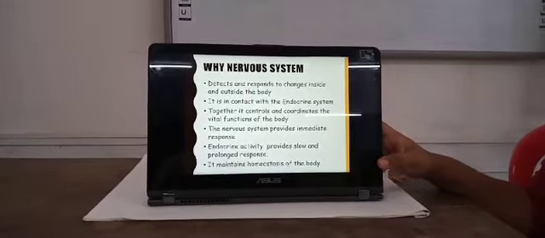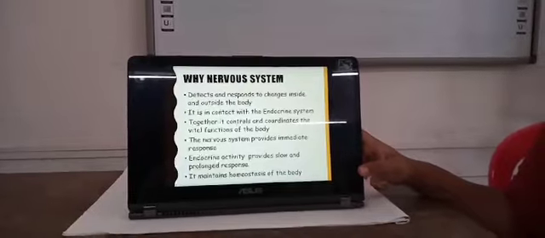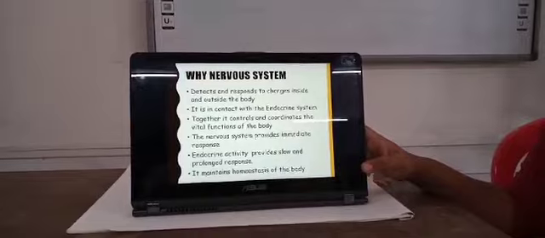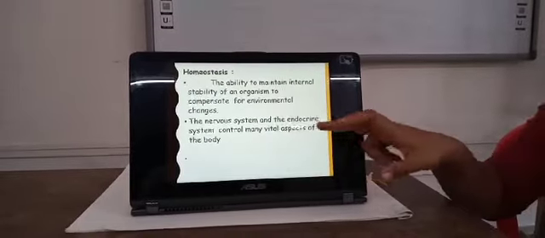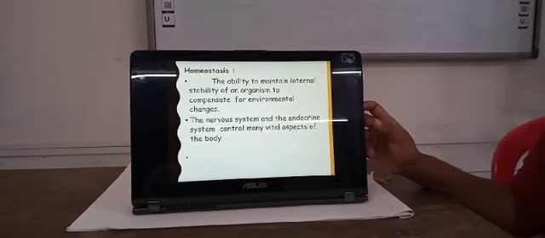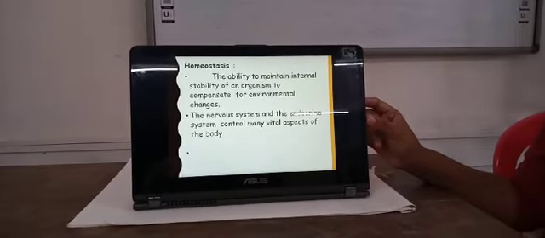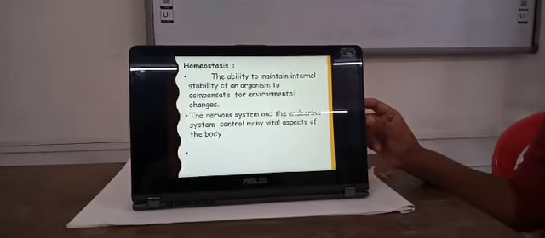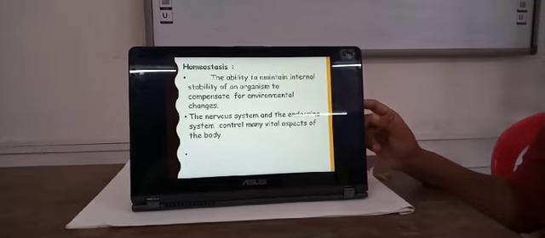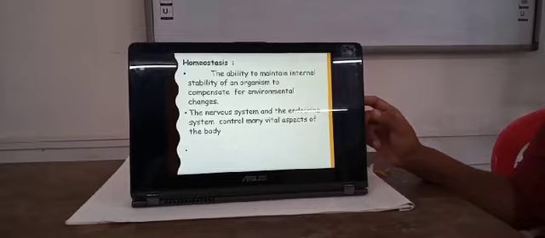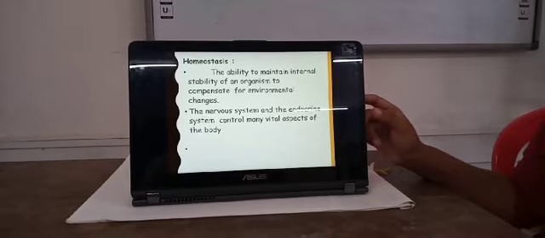The nervous system also maintains the homeostasis of the body. For those of you who don't understand the word homeostasis, homeostasis is the ability of the brain or the nervous system to maintain the internal stability of an organism to compensate for environmental changes.